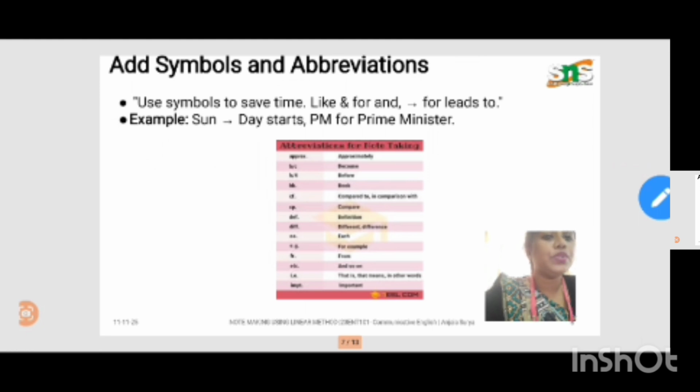And as I told you in the beginning of this video, this linear note making method is effectively used by journalists. These days, I cannot say that we students exactly know how to take lecture notes during class, because this was followed in college days by students when lecturers took classes.